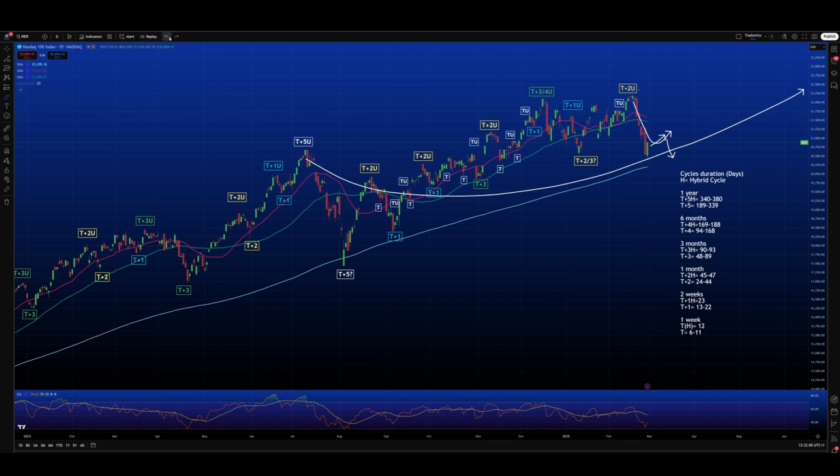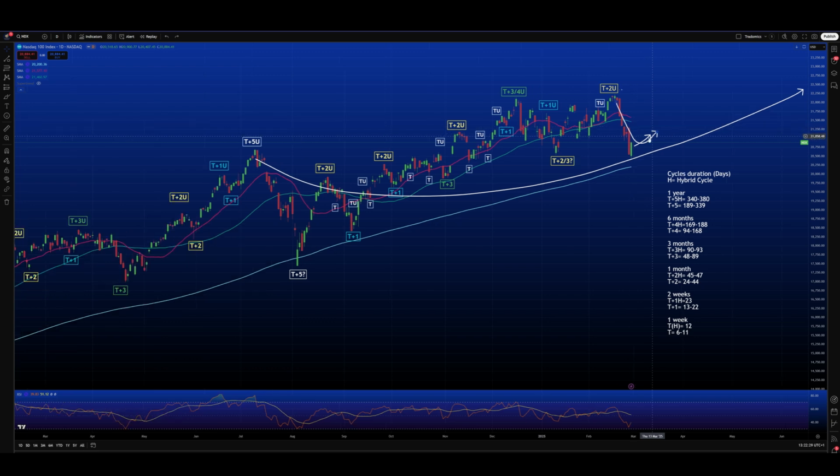We have all the conditions for this, but then you have to be careful by Tuesday, Wednesday, Thursday next week. So here we have 8 days. In order to complete the weekly cycle, we can have a maximum of 11 days, so by Wednesday, 5th of March.